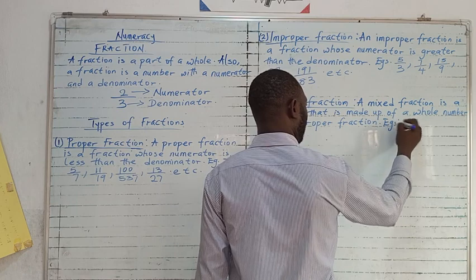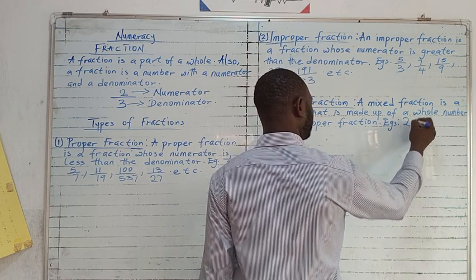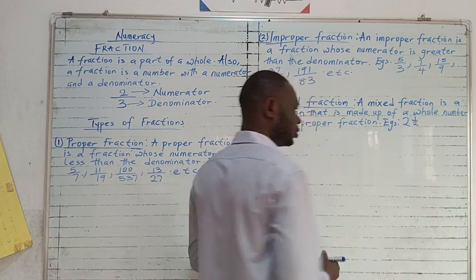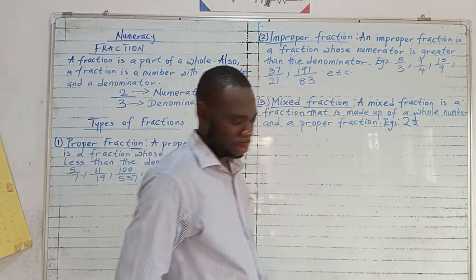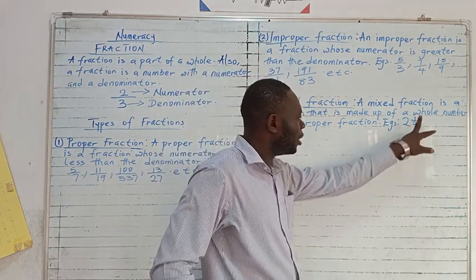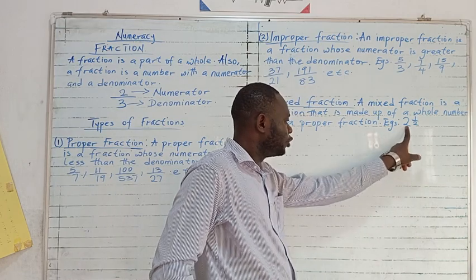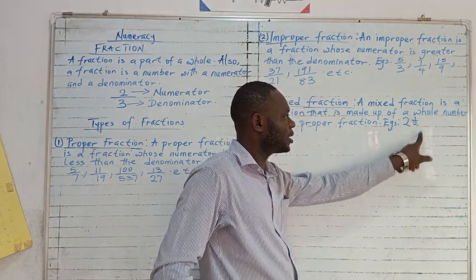Examples, let's say I have two whole number, 1/2. You can see, a whole number and a proper fraction.